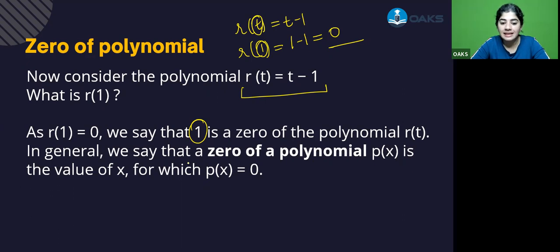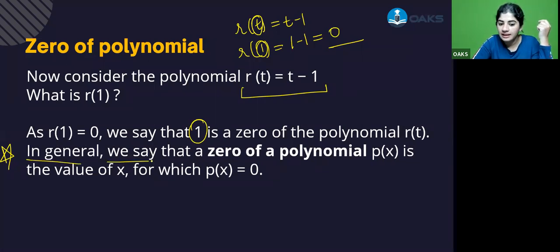In general, we say that a 0 of a polynomial p(x) is the value of x for which p(x) is equal to 0. Now this is really important for this chapter. Zeros of a polynomial is an important topic here.